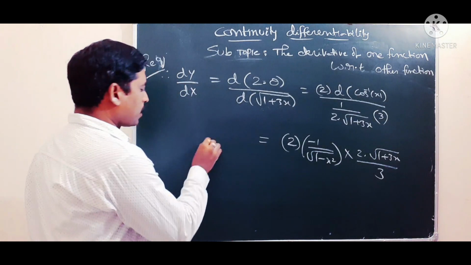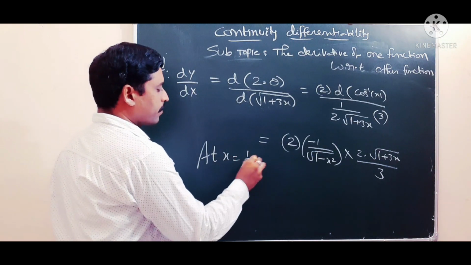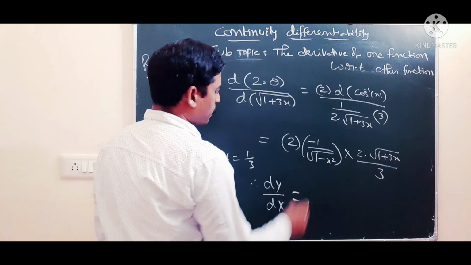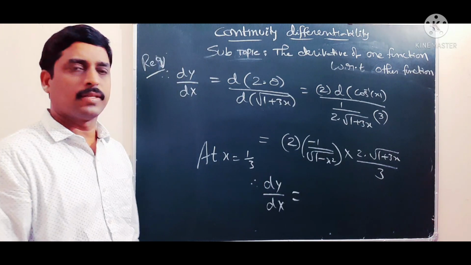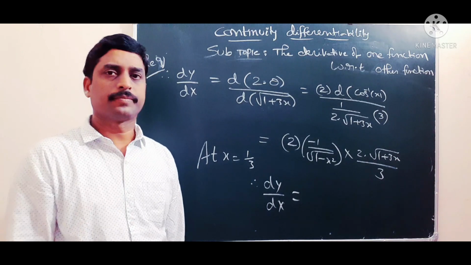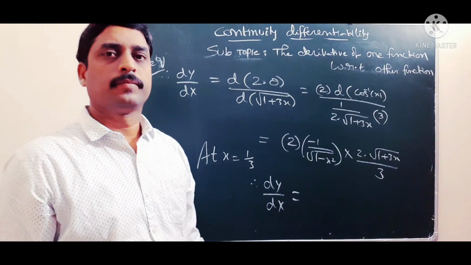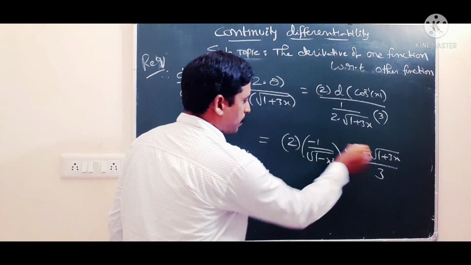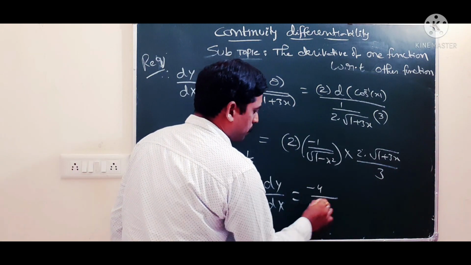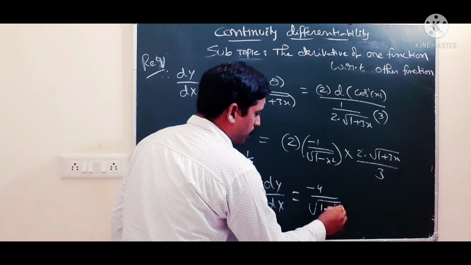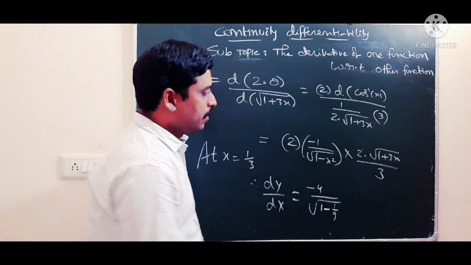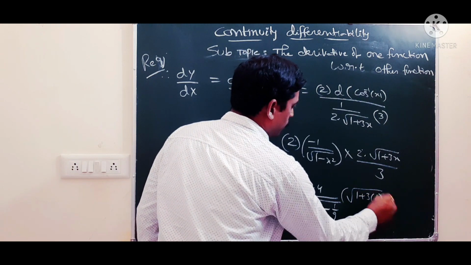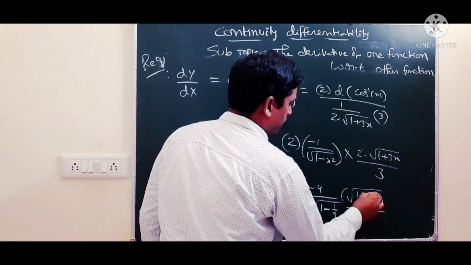So our target is at x is equal to 1 by 3. Therefore, dy by dx is equal to, putting in 1 by 3, this value will be minus 2 into minus 4 by root of 1 minus 1 by 9, into root 1 plus 3 into 1 by 3, this whole divided by 3.